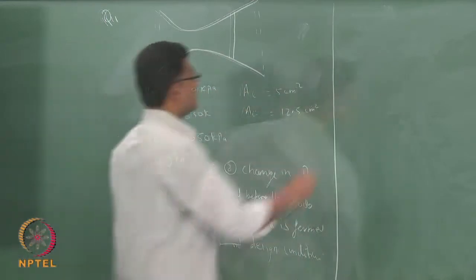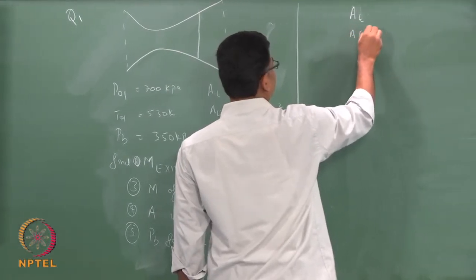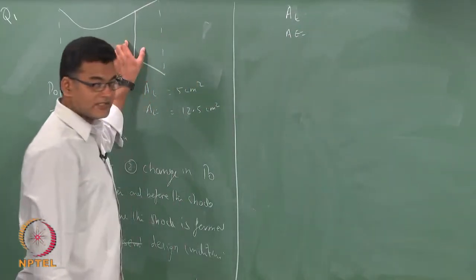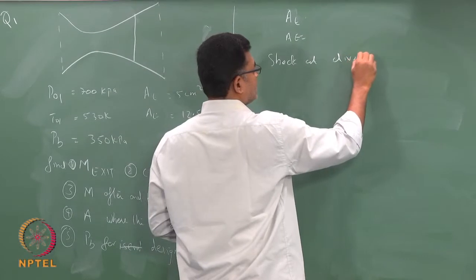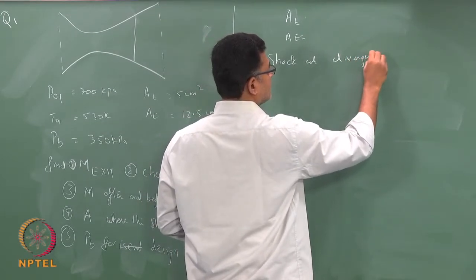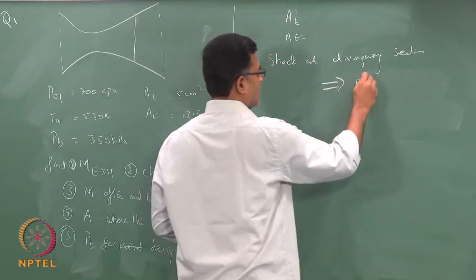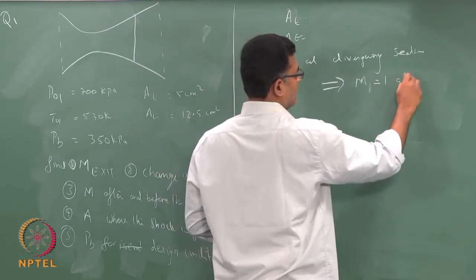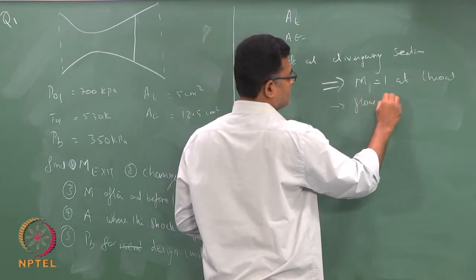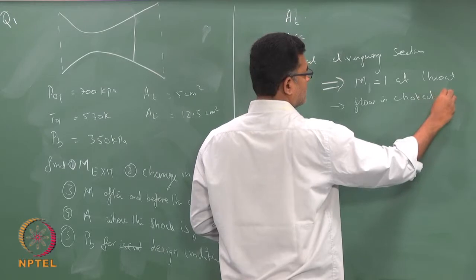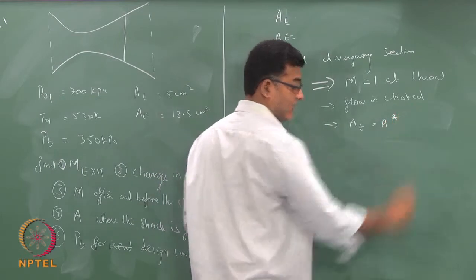Okay. So, your A throat is given, A exit is given. Now, there is a shock that is formed in the diverging section. This implies M equals 1 at the throat, or the flow is choked at the throat, or your A throat is also your A star.